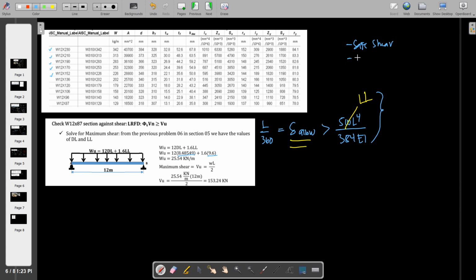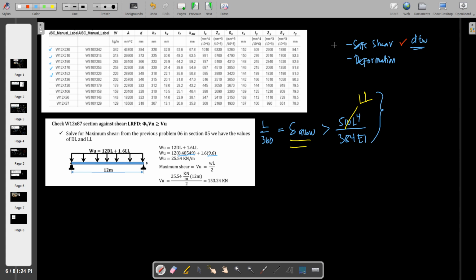At bagsak siya sa deformation, what you're gonna do is to select a section which has greater ratio or greater product ng D times Tw, no? So, pag safe sa shear, kukuha ka ng mas mataas na D, Tw, no?